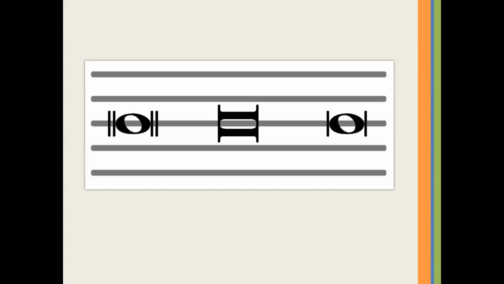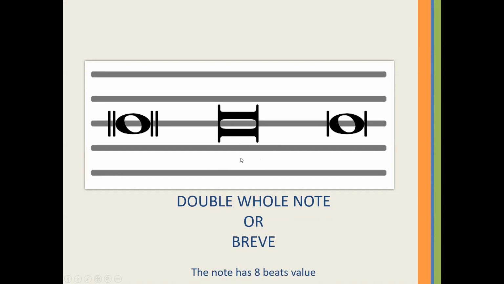Tell us what note this is. It's a breve. Okay, thank you very much. That is a breve, the double whole note in the American name. And this has an 8-beat value.